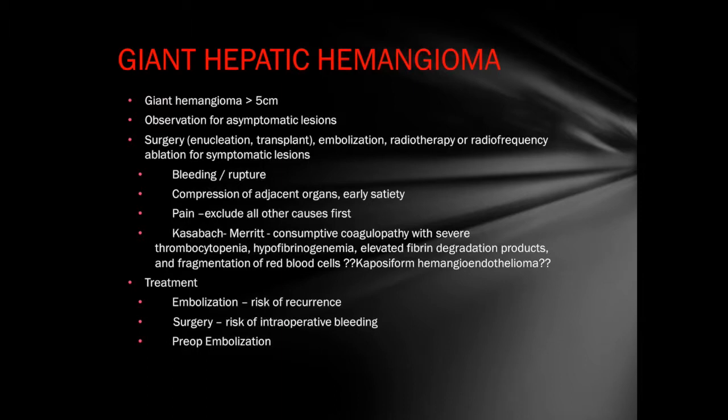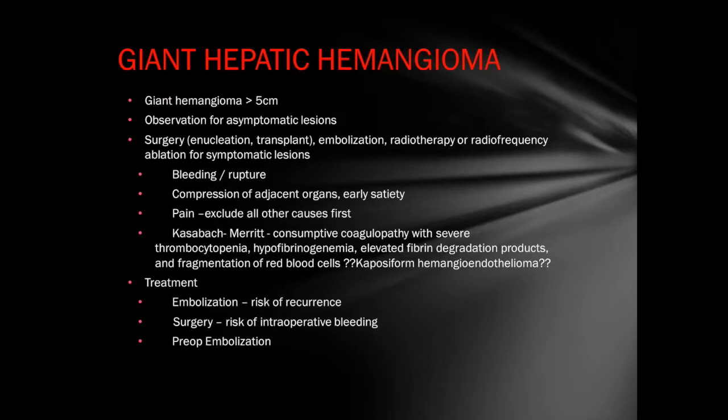Complications are typically bleeding or rupture or compression of adjacent organs, such as in this case in a patient who presented with early satiety. It can also present with chronic pain, but you must exclude all other causes for the patient's pain prior to attributing it to the hemangioma, because most of these are asymptomatic.